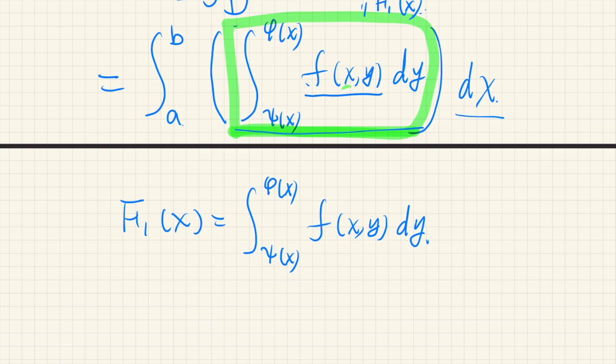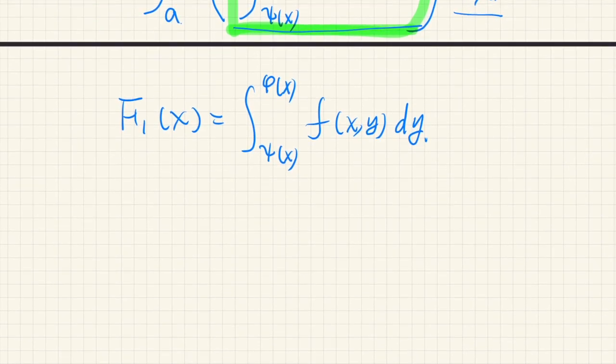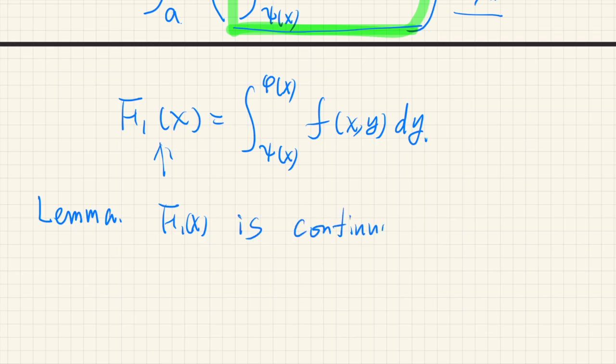And we now show the following lemma. F1 of x, defined as this one, is a continuous function on the interval between a and b.